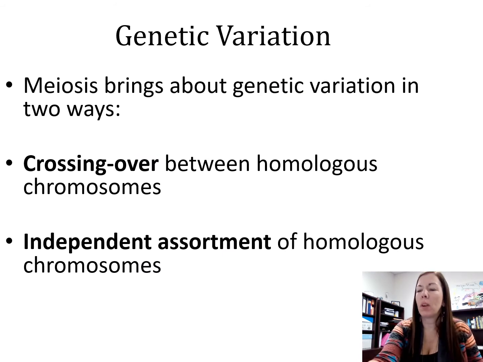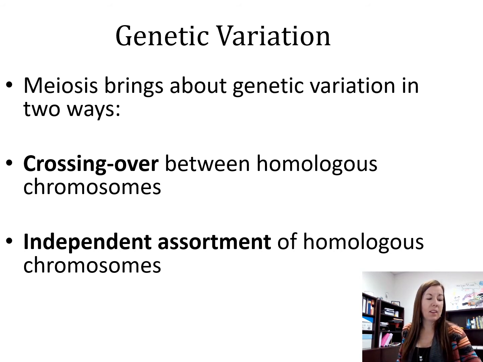So with the process of meiosis, it actually has the ability to bring about genetic variation in 2 different ways. We know that just a simple joining of gametes, like the joining of egg and sperm, gives you almost limitless genetic possibilities, just taking the genes from your family and joining them with the genes from your partner's family.